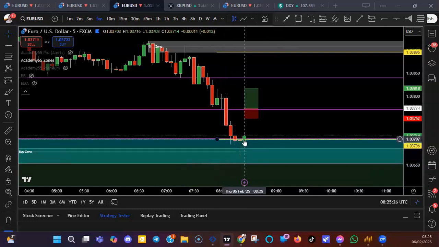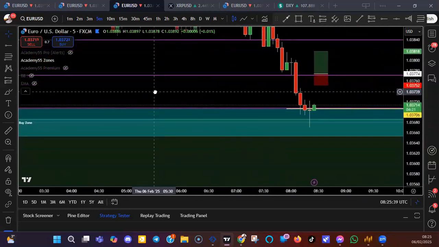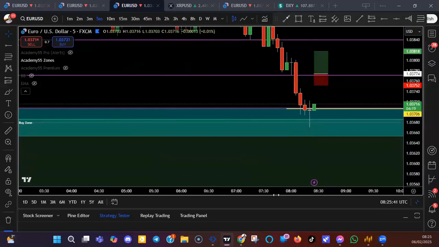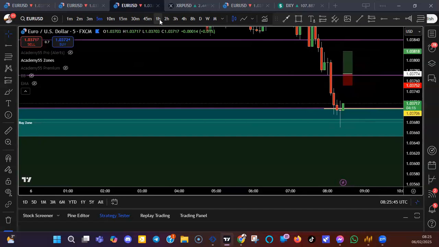But this candle here is all buying power at the moment, so the buyers are taking back control at the minute anyway. But we're the lowest we've been for a while now. I'll just put it on the hourly.